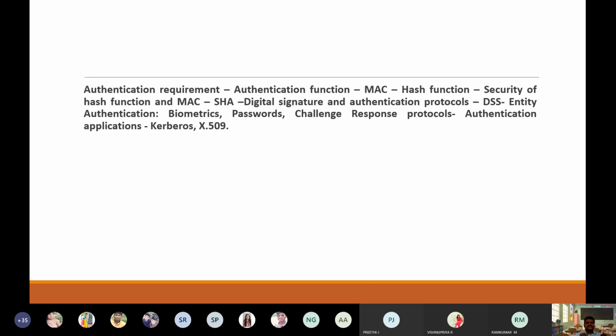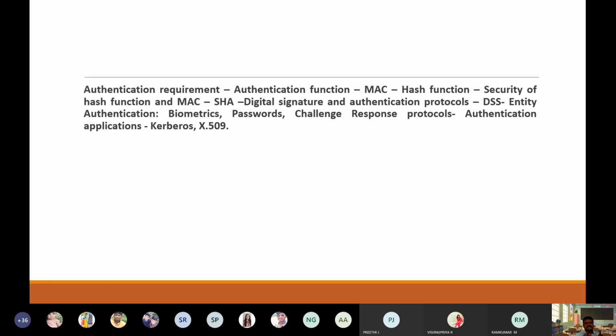That MAC code or hash code is attached to that particular message. So there is no conversion of plain text taking place here. This is the one difference between the previous units and our fourth unit, right?